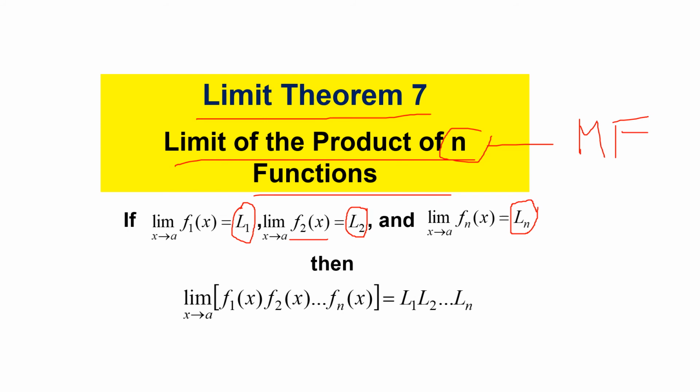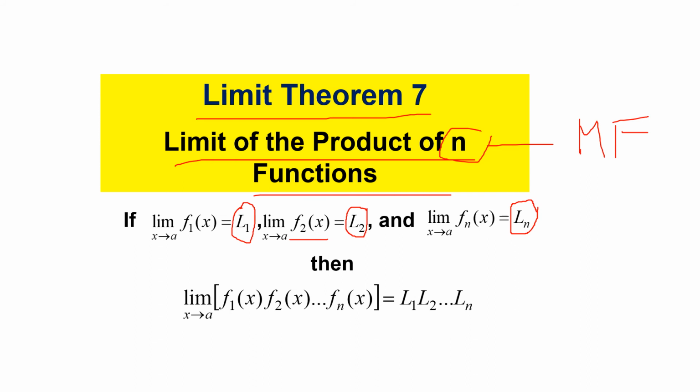So the only difference between limit theorem 6 and limit theorem number 7 is that there's an involvement of multiple functions, wherein the operation between these functions is multiplication. So you need to multiply the resulting value of the limit of f sub 1 of x when x approaches a, by the resulting value of f sub 2 of x when x approaches a, then the limit of f sub n of x when x approaches a, which is equal to L sub n.